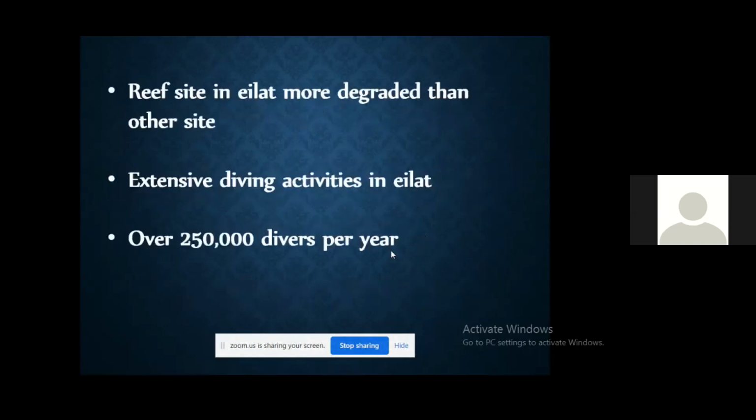So, according to the study, Eilat experiences diving activities with over 250,000 divers per year.